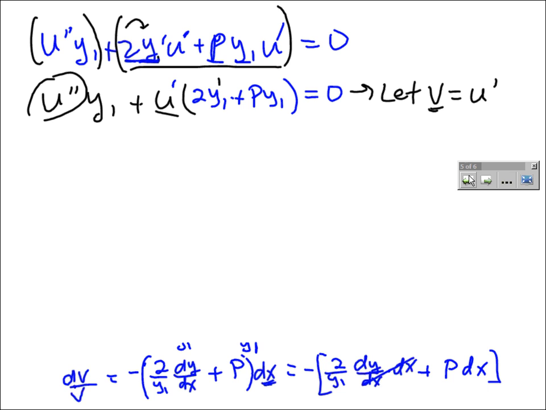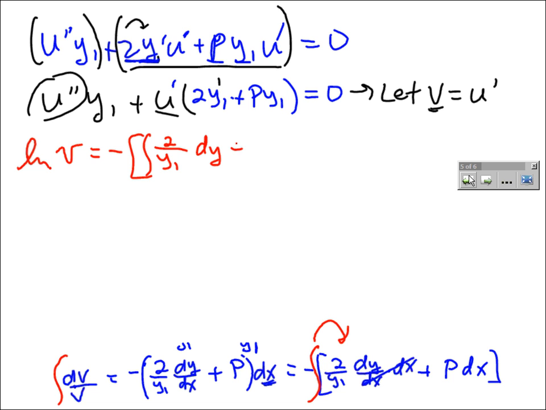Now I'm going to integrate both sides. The integral of the left side is ln of v. The right side, let's distribute the integral, and here's that minus sign, I'm going to keep it out. The integral of 2 over y1 dy1, plus the integral of p dx.